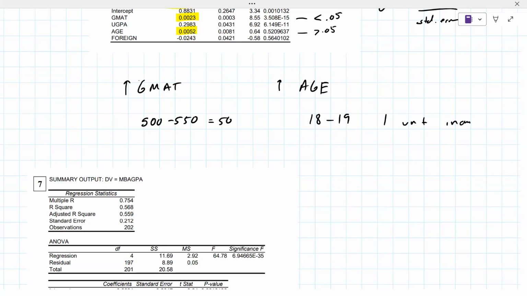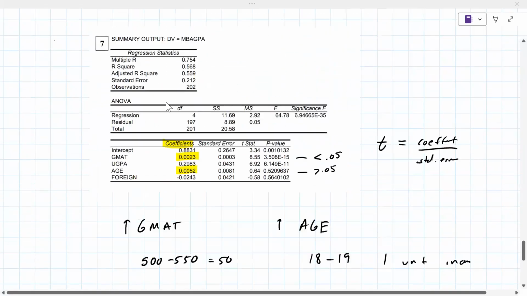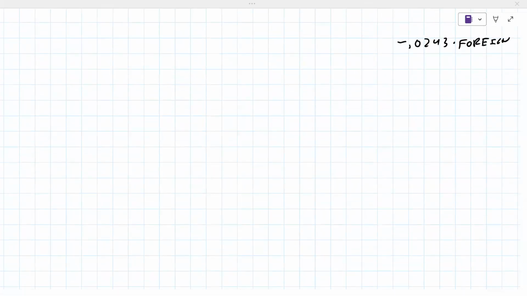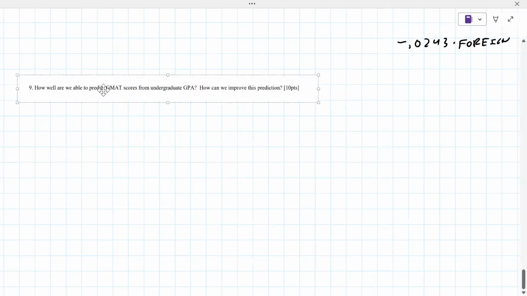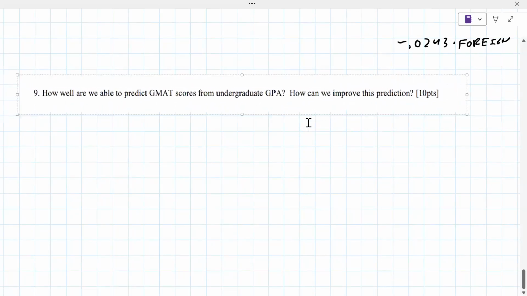All right, let's go on to number, would it be 9? That we're up to. Okay. All right, let me snip that in. All right, how well are we able to predict GMAT scores from undergraduate GPA?